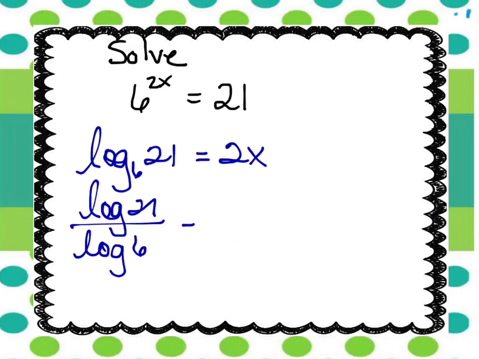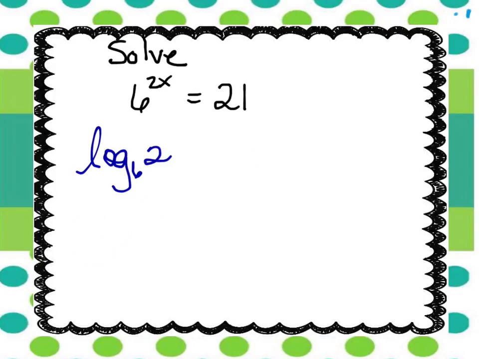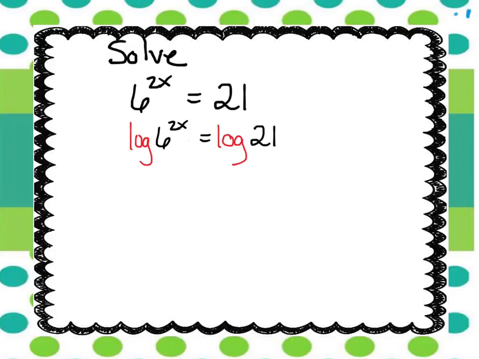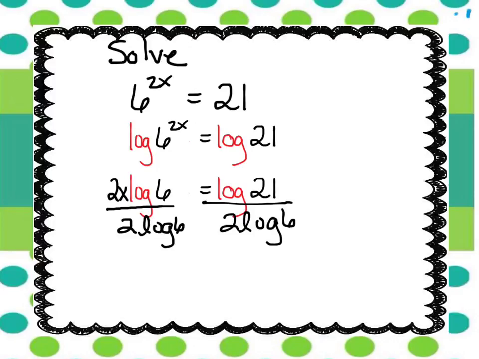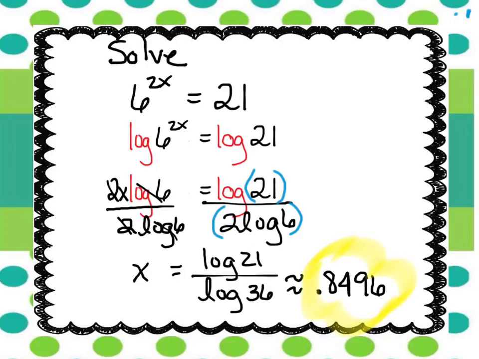Or you can take the log of both sides. You're essentially going to get the same thing. You'll notice I got log of 21 divided by log of 6. And that 2x, just like the other problem, you just divide by 2, which is what we did here. And there's our answer.